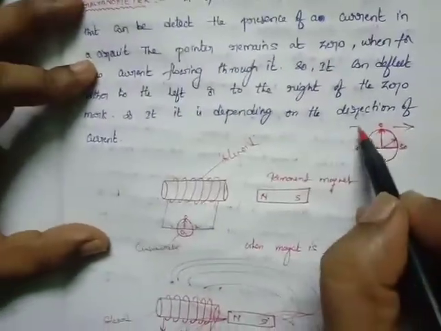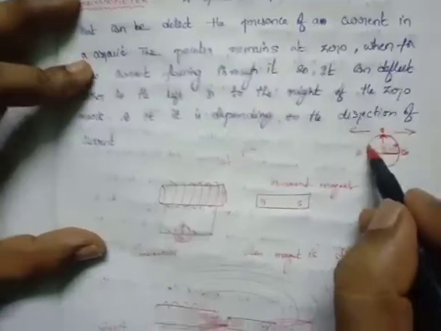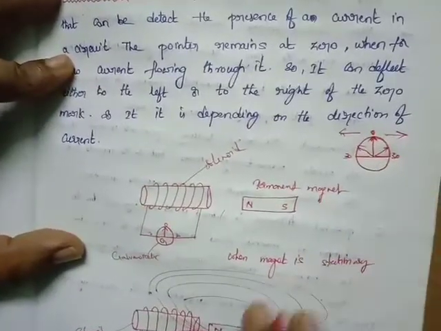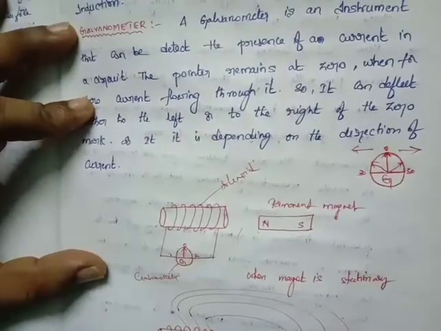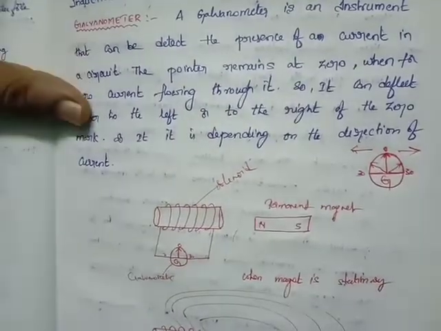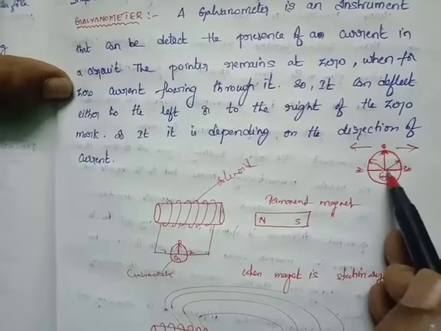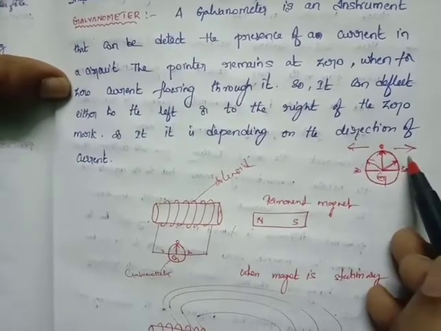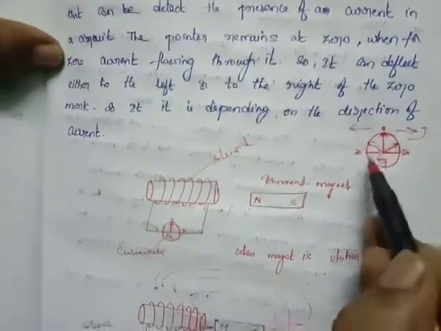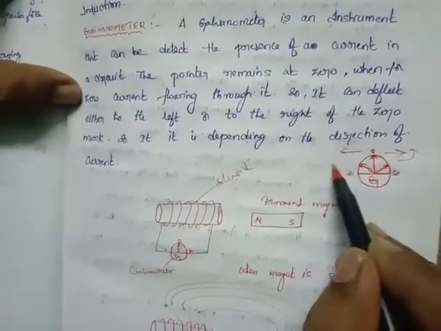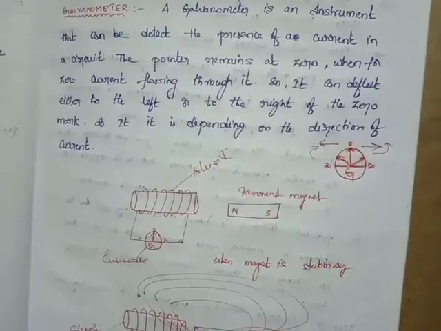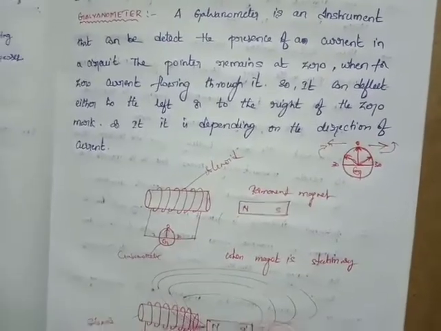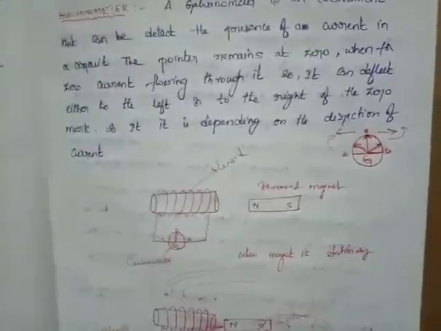If current flows the other way, the indication shows like this. The galvanometer is denoted by capital G. This arrow mark indicates anti-clockwise direction and this arrow mark indicates clockwise direction.